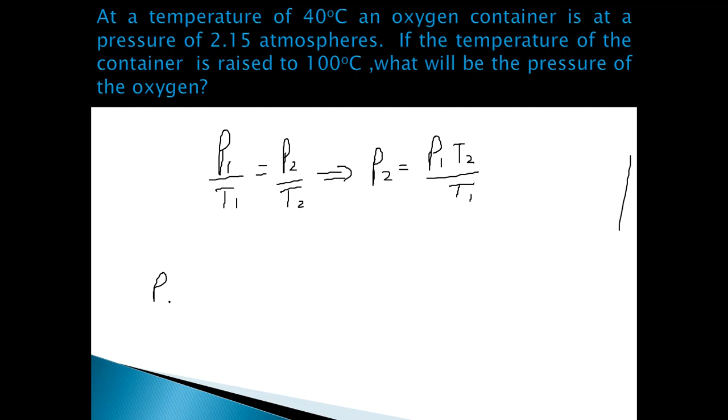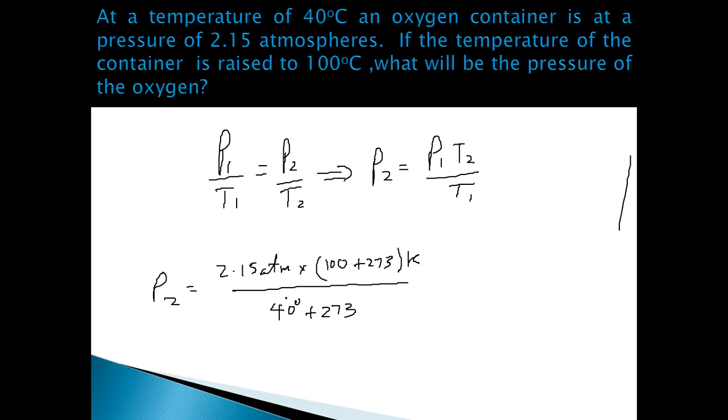So P2, put the numbers in. So P1 is 2.15 atmospheres times T2. Now T2 is the new temperature, which is 100 degrees, but we have to add 273 to that to convert it to Kelvin. All divided by T1, which is the initial temperature, which is 40 degrees Celsius. And we add 273 to convert that to Kelvin.